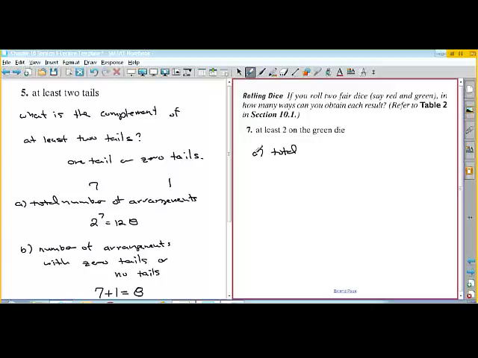Yeah, so let's look at it. We already did the total number, so let's do that. That's 36, from the fundamental counting principle.